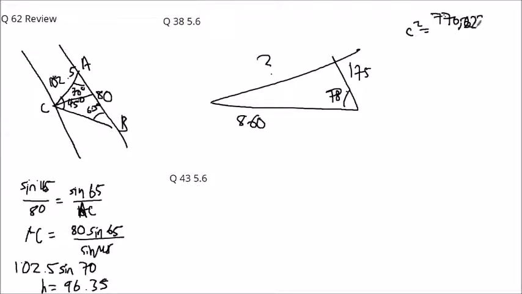And then we can actually do 2 times 860 times 175, which is 301,000. So minus 301,000. I'm just putting the k in there, and then cosine 78.